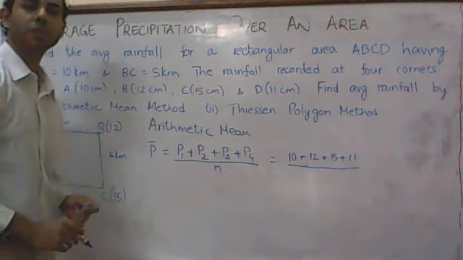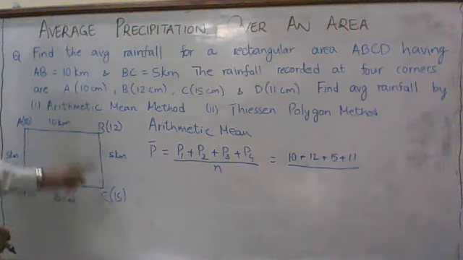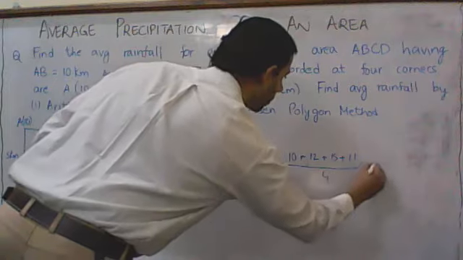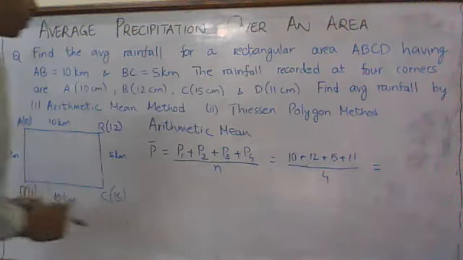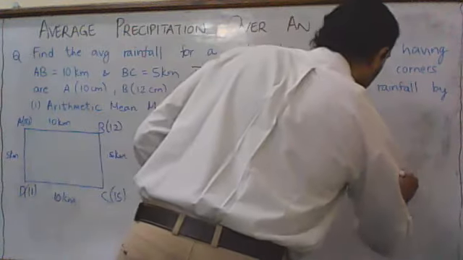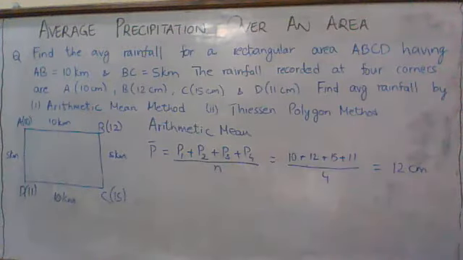N is the number of rain gauges. So how many rain gauge stations are there? 1, 2, 3, 4. So this N will be equal to 4. How much does this value come out to? This value comes out to 12 centimeter. Simple. This was using arithmetic mean method.